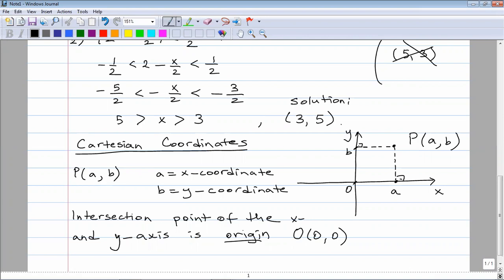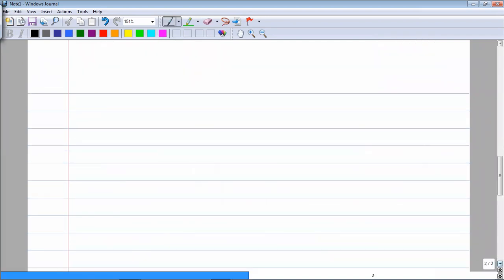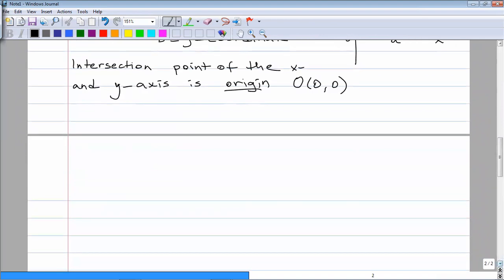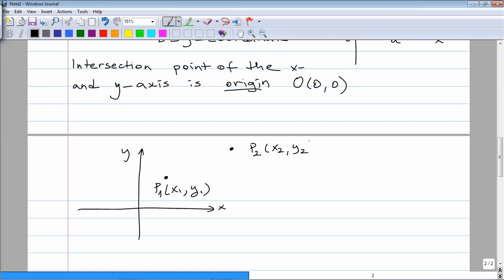Okay, so let's say you have a point P1 with coordinates (x1, y1), and another point P2 with coordinates (x2, y2). Then when you consider moving from point P1 to point P2, we are making, in fact, two changes.